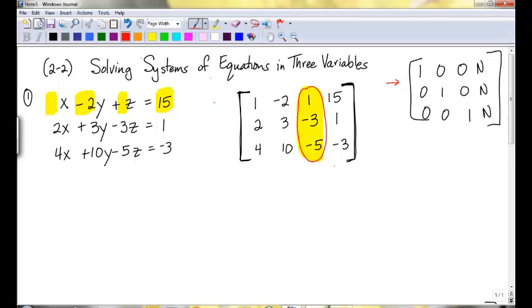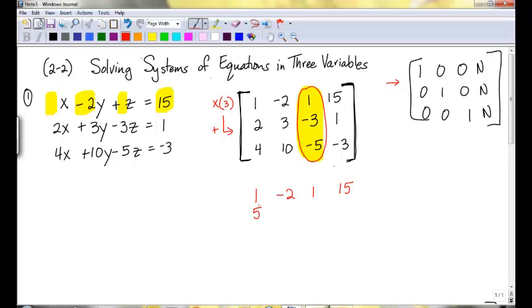So let's say I multiply this by 3 and add it to this row. The top row is going to stay the same: 1, negative 2, 1, 15. Okay, now do this with me. When I multiply this by 3 and add it to this, this would be 5.